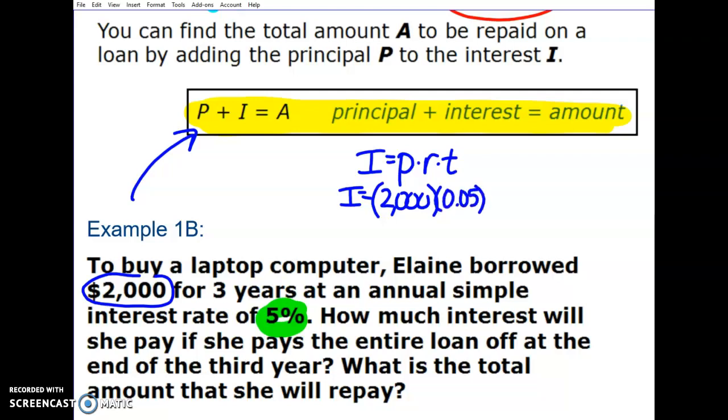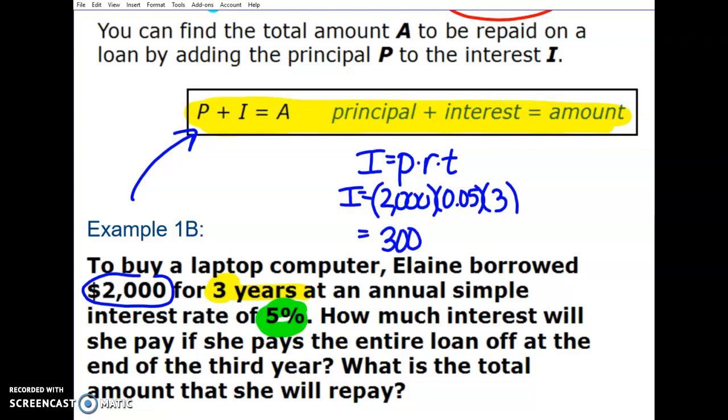And then the amount of time that I'm going to borrow it for is 3 years. So I'm going to times that by 3. So now using my calculator, I'm going to be very careful. Enter 2,000. I'm going to enter 5/100, multiply it, and times it by 3. Now this one right here has an interest of $300.